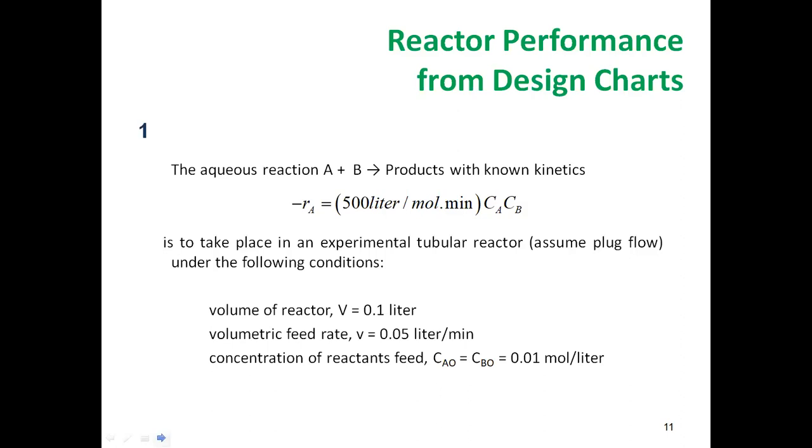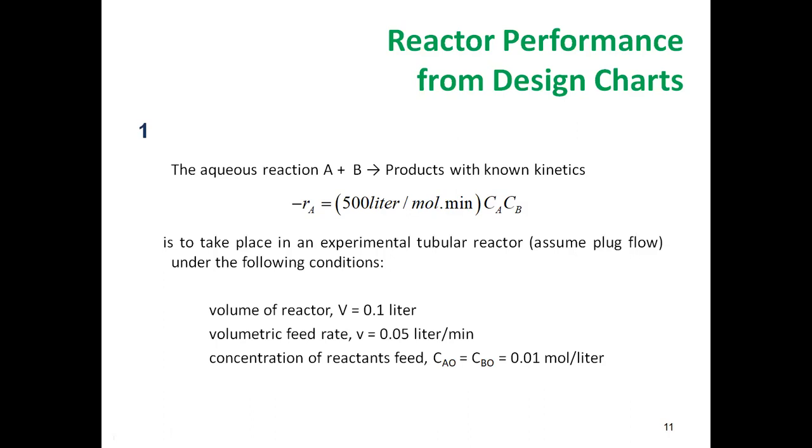As for the design application, we have this particular problem, an aqueous reaction of A plus B forming the products with known kinetics, RA equal to 500 C sub A C sub B, with the units there, is to take place in an experimental tubular reactor.